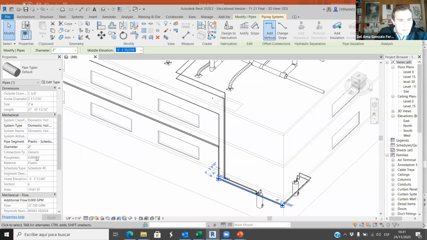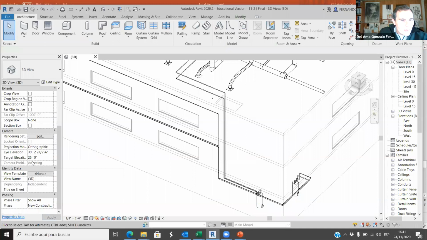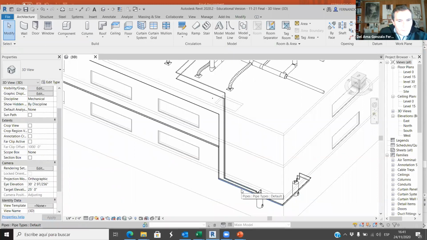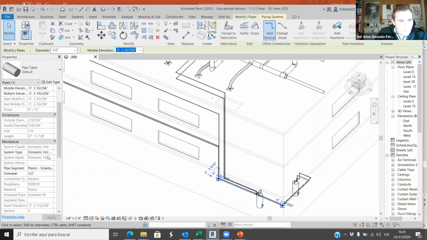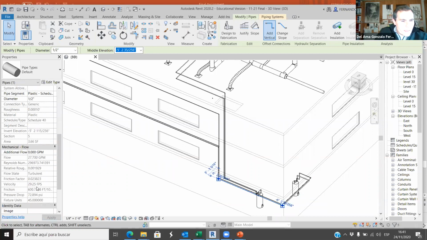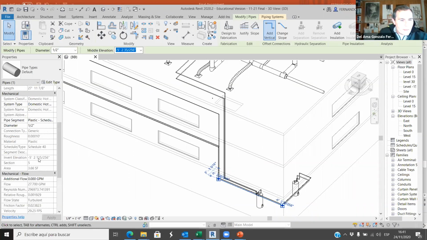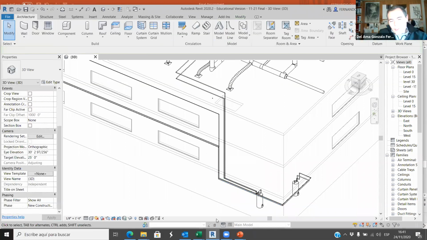Probably if we had this element, 1/2, that was what you had at the beginning. The velocity, yeah, the velocity is 29 feet per second. This is too much. Okay, so that's why it's a question of practice.